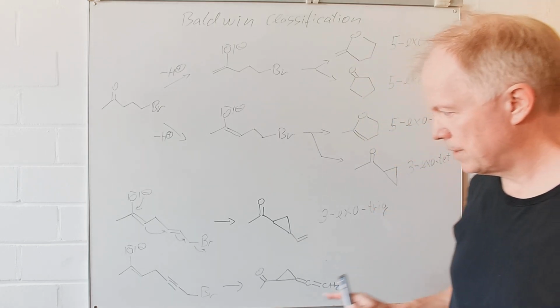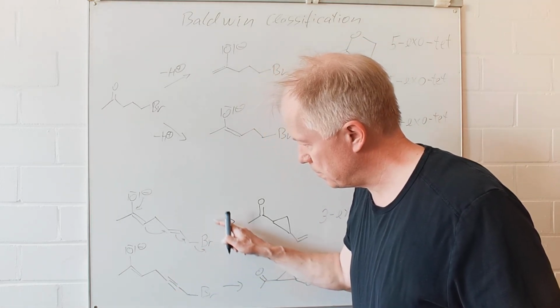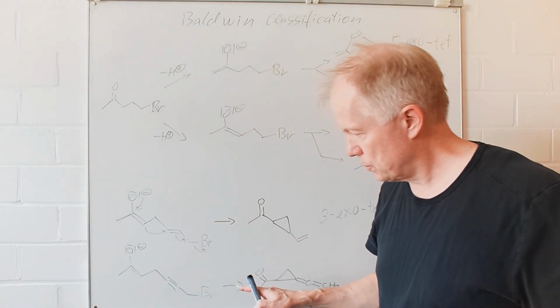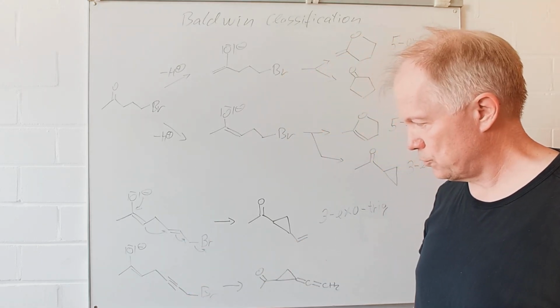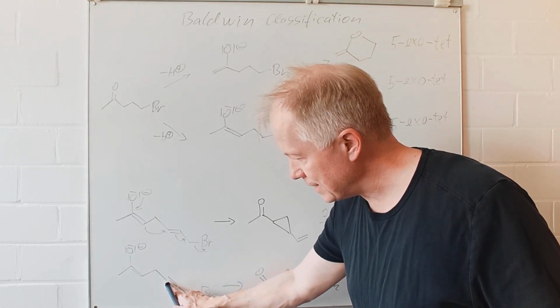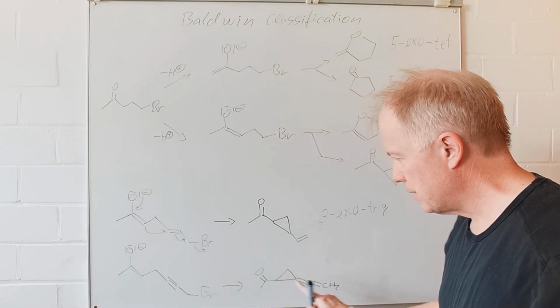Then in this case we have changed from an allylic unit to a propargylic unit, an sp hybridized center here.